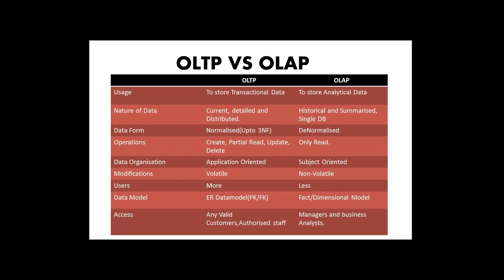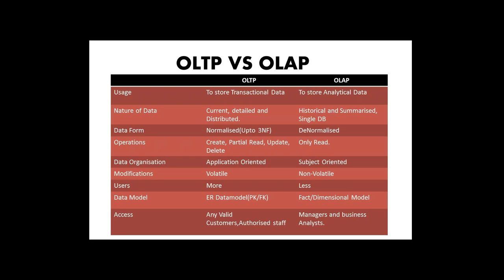For our business, a customer will be an entity. In a sales system, the transaction generated by selling a particular product will be an entity. Each and every entity will have some interrelation, and that kind of data model is called the entity relationship data model.